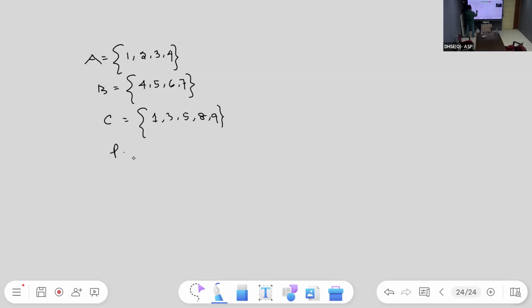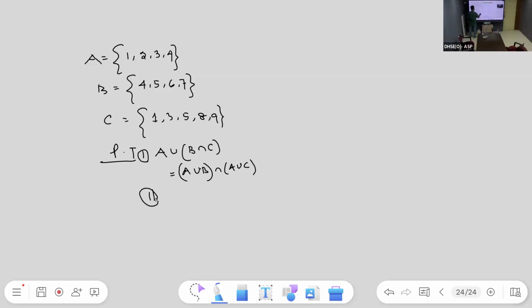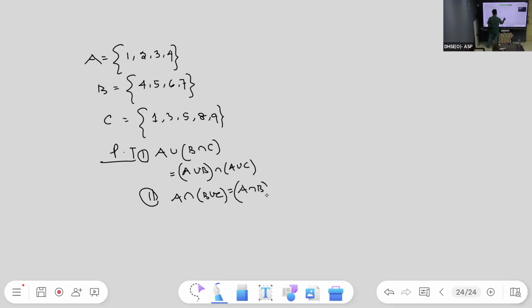Prove that using the sets A, B, C, A union (B intersection C) is equal to (A union B) intersection (A union C), and second, verify that A intersection (B union C) equals (A intersection B) union (A intersection C). Okay.